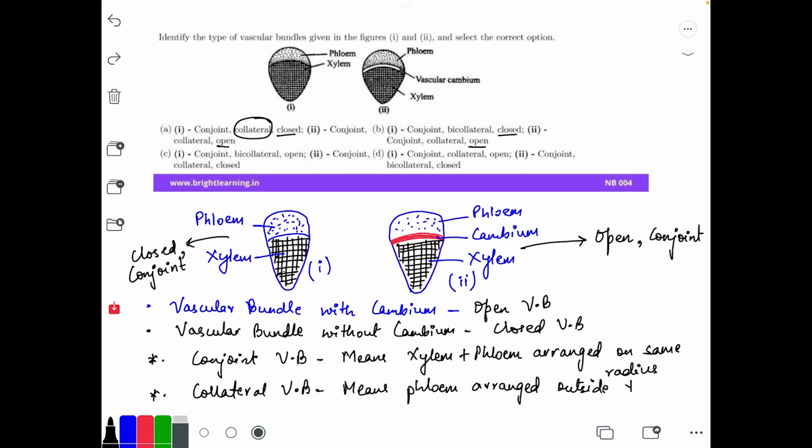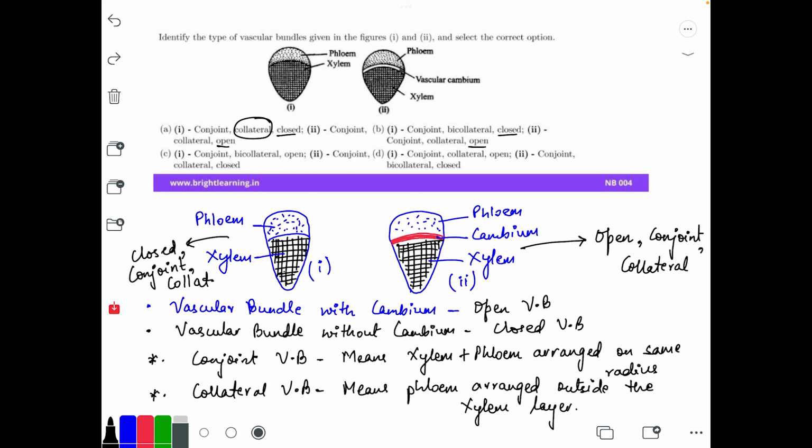Now we are going to look at the options. The first option is conjoint collateral closed, and the second option is conjoint collateral open, which is exactly similar to what we have derived.